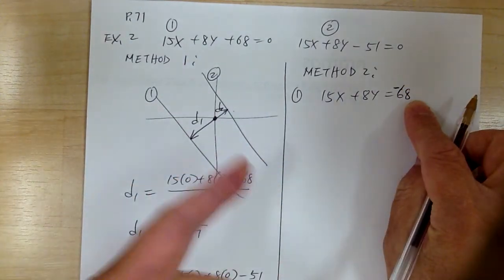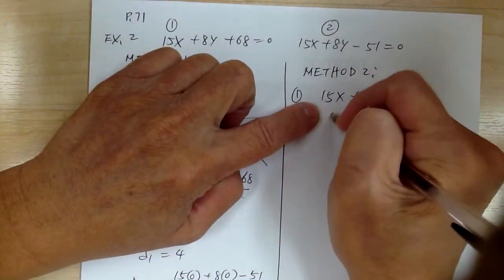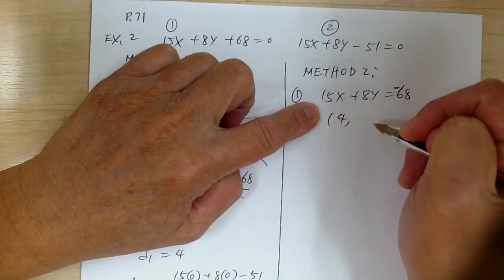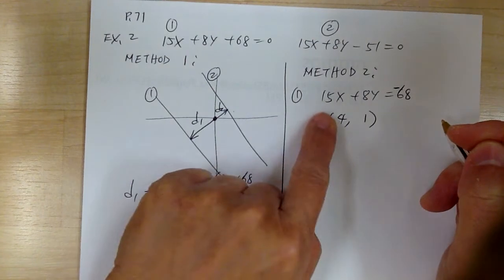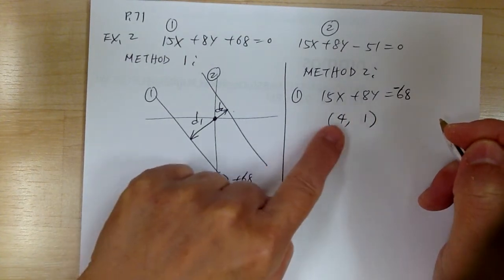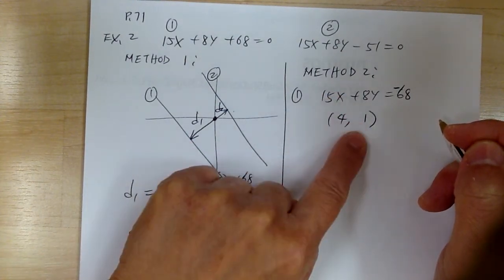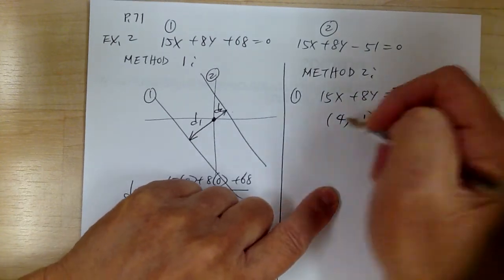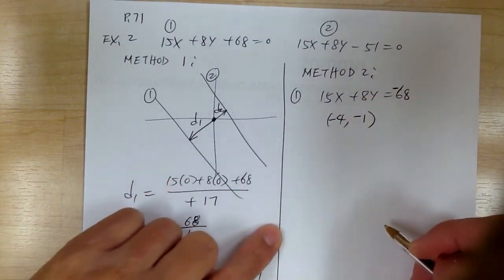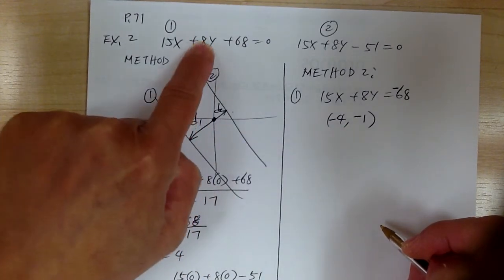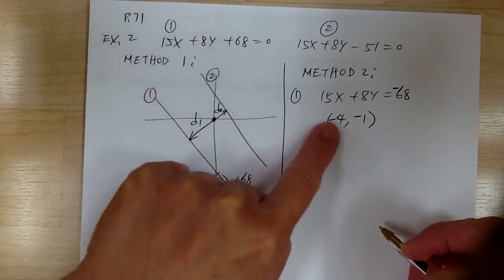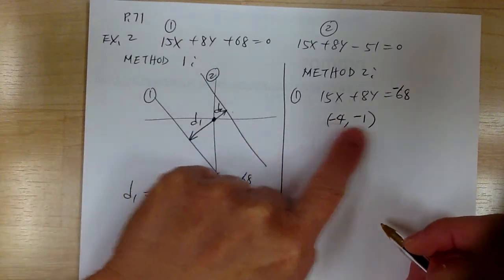So I can find a point, for example x equals negative 4 and y equals negative 1. This is a bit harder because the numbers are messy. If you put in negative 4 you get negative 60, and put in negative 1 and it works out. So negative 4, negative 1 is on this line, and you can use this point.